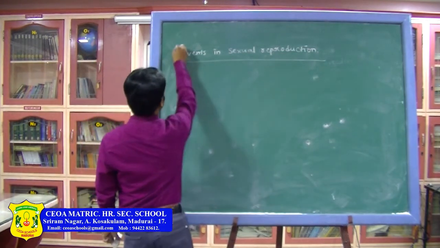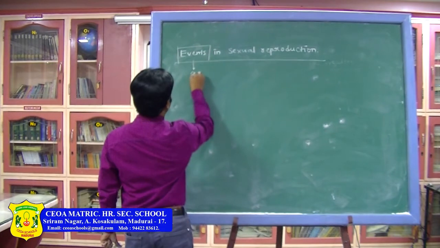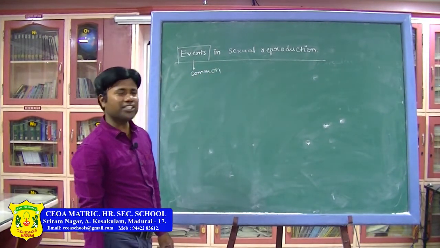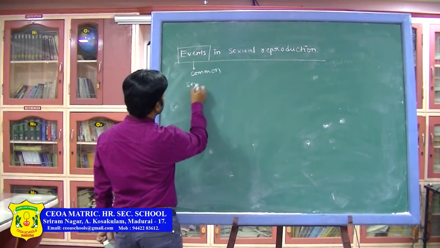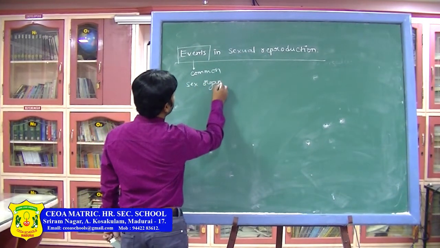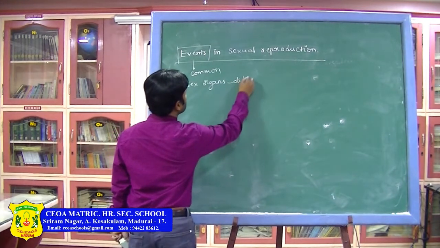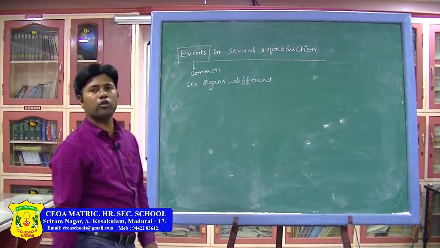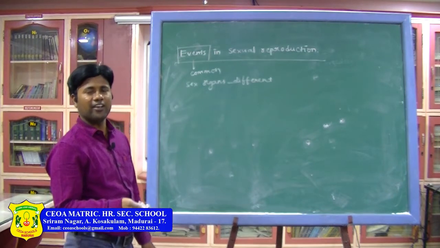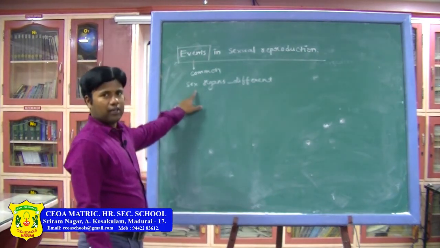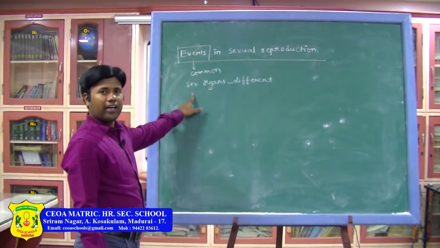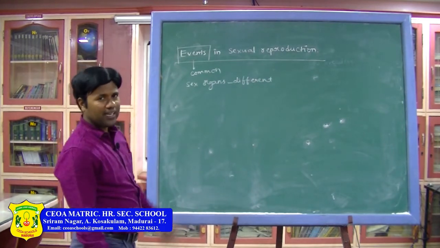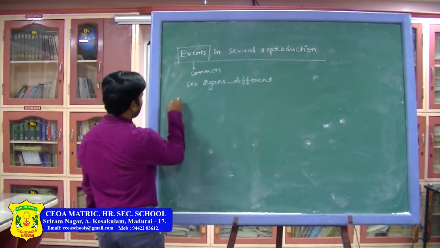They are common in all organisms, but what is different? Sex organs are different. Male and female sex organs differ in their development, their size, how they function, and how many types of cells are present. Those all are different. The events are the same.